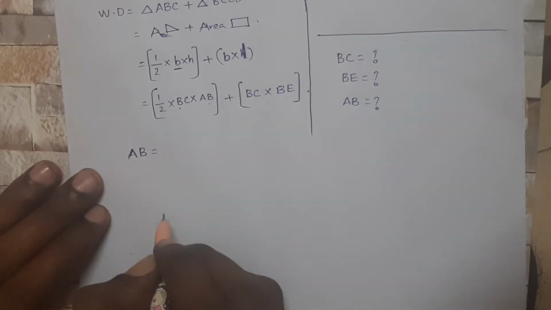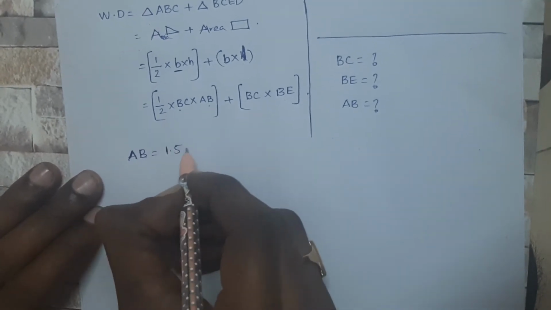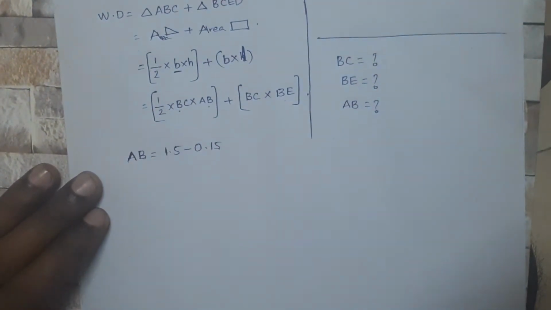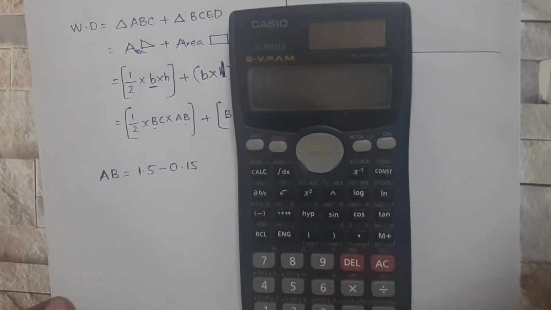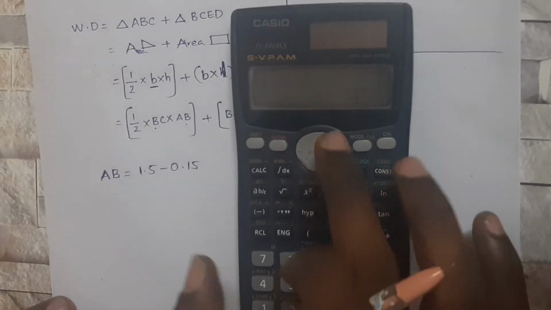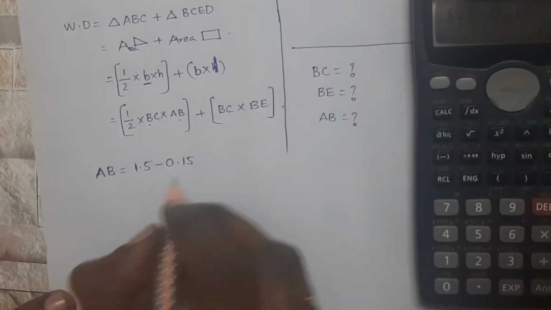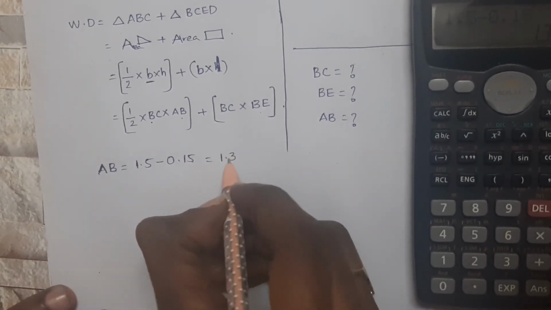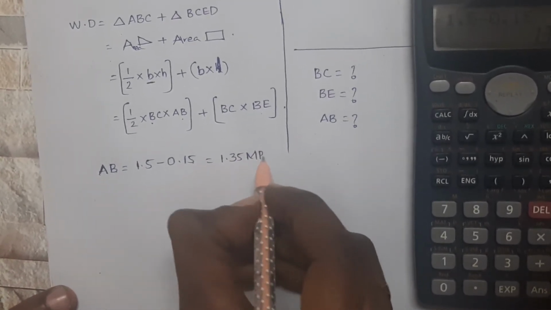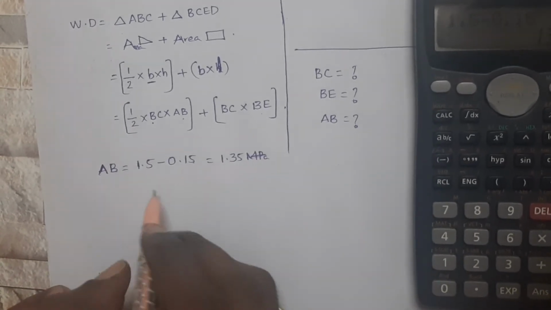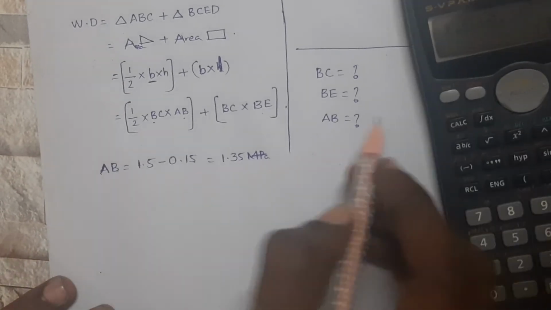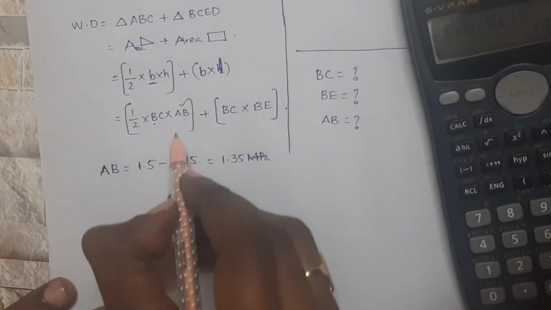AB is equal to 1.5 megapascals minus 0.15. So 1.5 minus 0.15, 1.35 is the answer that you got here. So this is 1.35 megapascals, or AB is something like area, right? So we will eliminate this one, and only 1.35 we got.